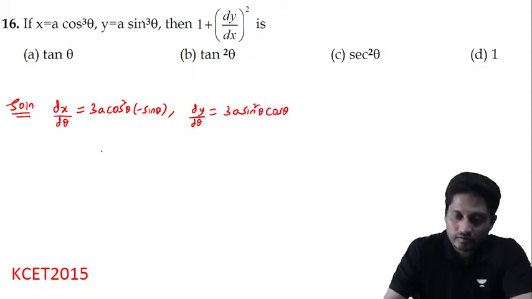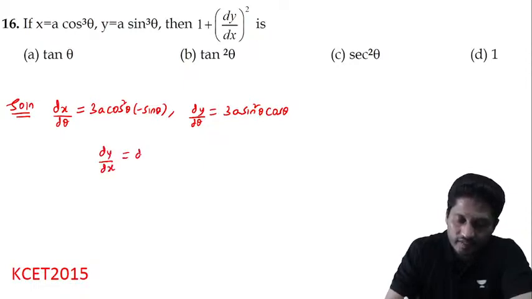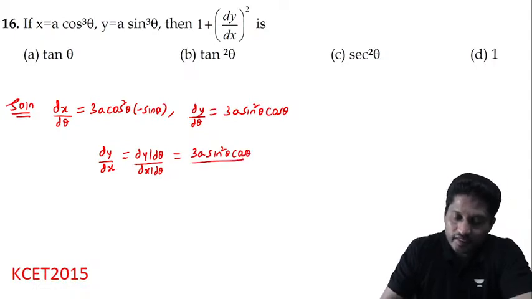If I divide these two, dy by dx is equal to dy by d theta upon dx by d theta. dy by d theta is 3a sine square cos, dx by d theta is minus 3a cos square sine.